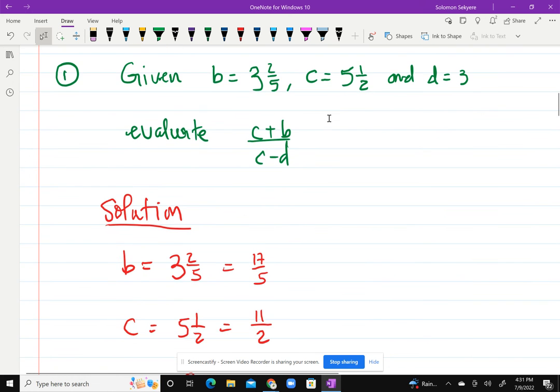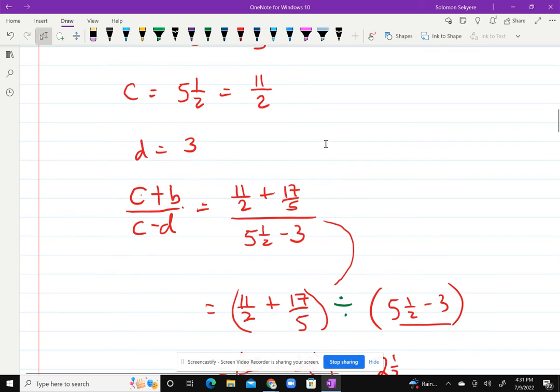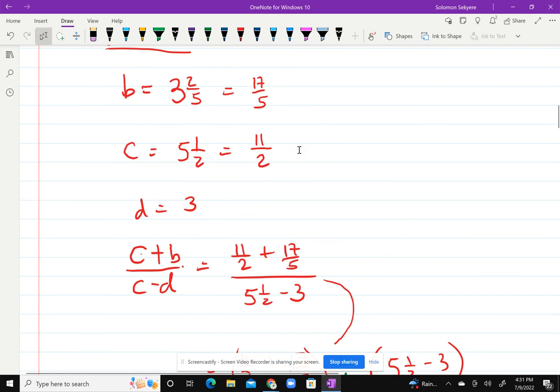Okay, so let's do a couple of exercises here. Given that B is 3/2, C is 5.5, and D equals 3, evaluate C plus B over C minus D. All you have to do is take the value of C that you're given, 5.5, and add it to the value of B, 3/2.